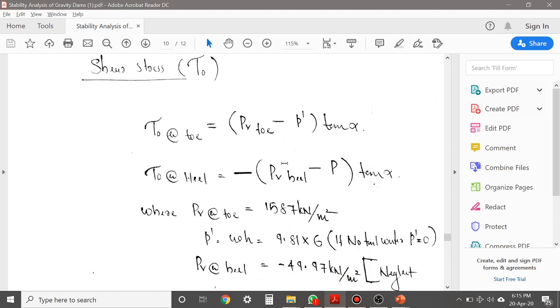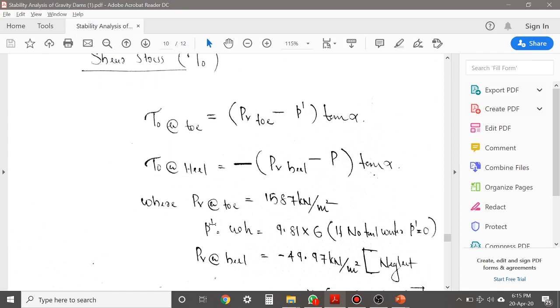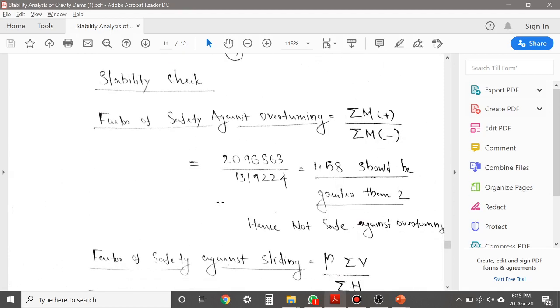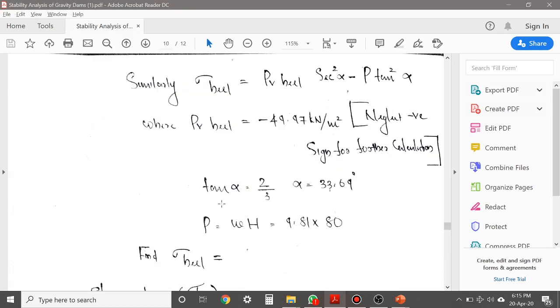And I think now you can do the calculation. Just for practice also, you can do the shear stress at heel by putting the same value of alpha. P dash you can calculate, and you will get the value of shear stress at heel and toe.